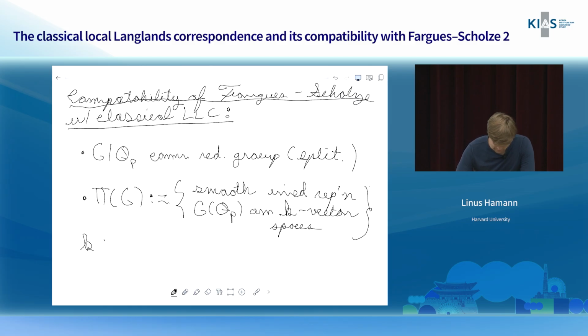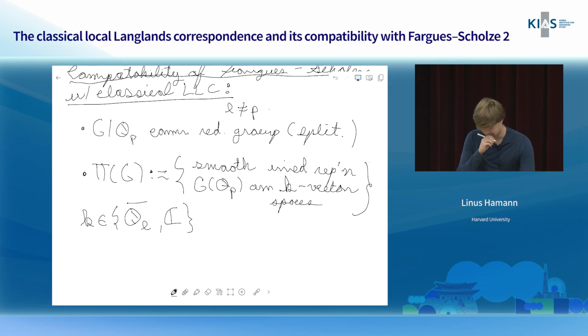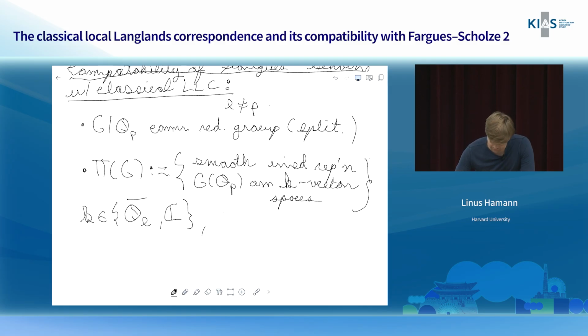Where K for me in this talk is either going to basically be Q_l bar, so the algebraic closure of Q_l, where l is a prime distinct from p, or it's going to be given by the complex numbers. And I'm just freely going to pass between these two things in this talk via some fixed choice of isomorphism between Q_l bar and C, so I'm not going to worry too much about what I'm doing here. I'm usually going to regard this as having the discrete topology.